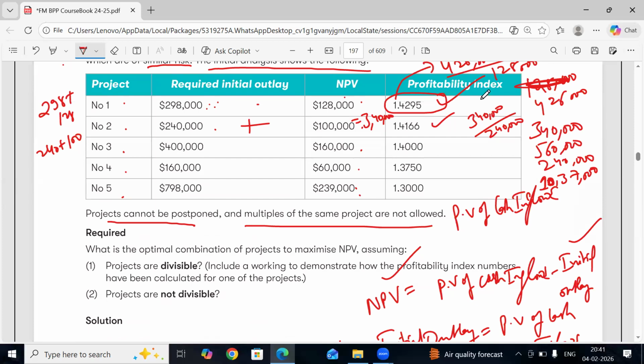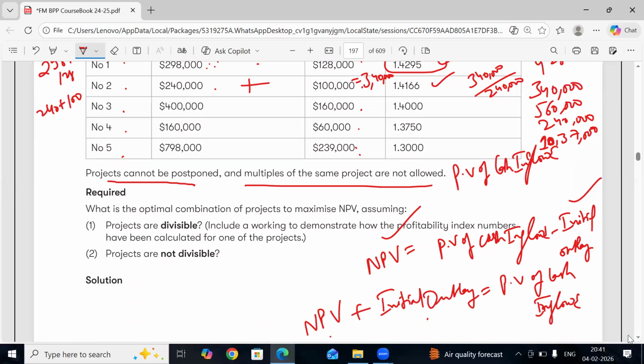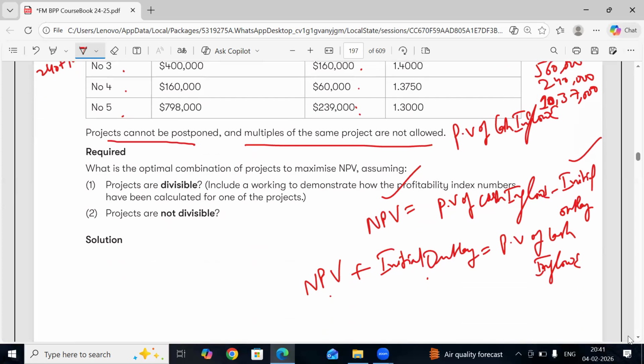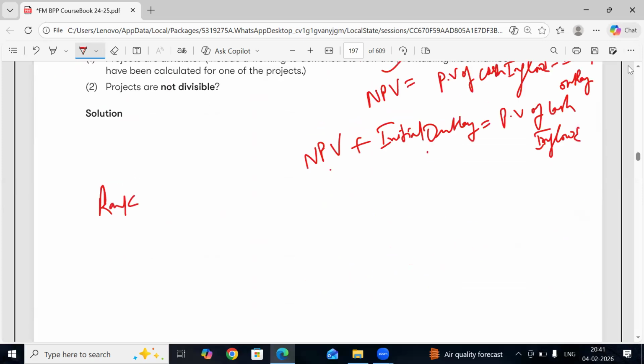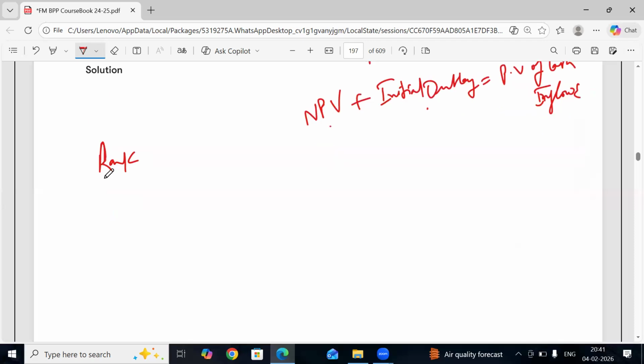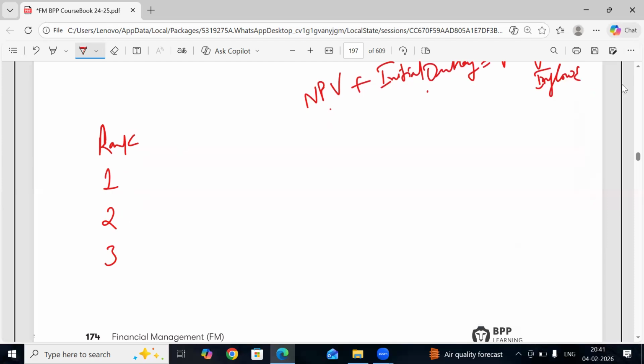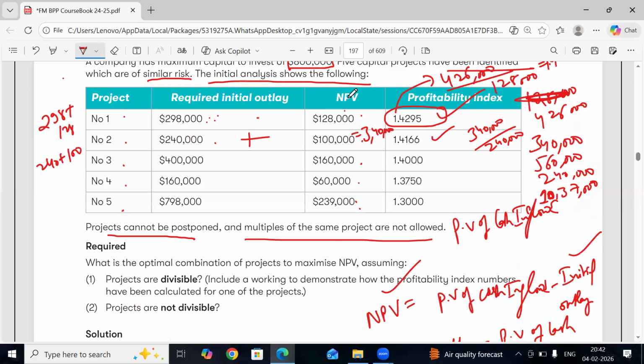Now we will find out the NPV of the projects. Ranking we'll do as per NPV. So project ranking: we have to do the ranking as per the NPV. Rank first, rank second, rank third. Which project comes rank 1? The highest NPV.